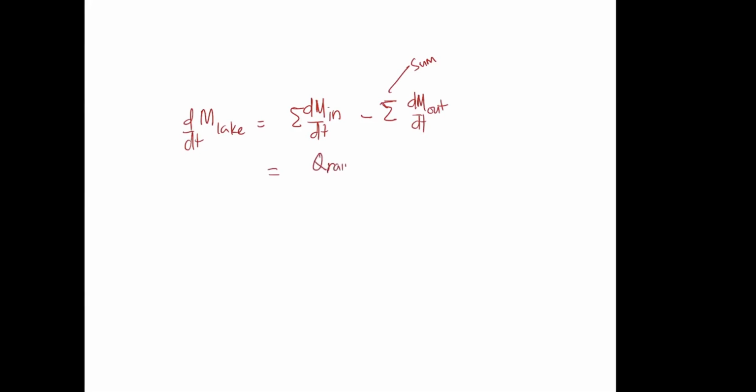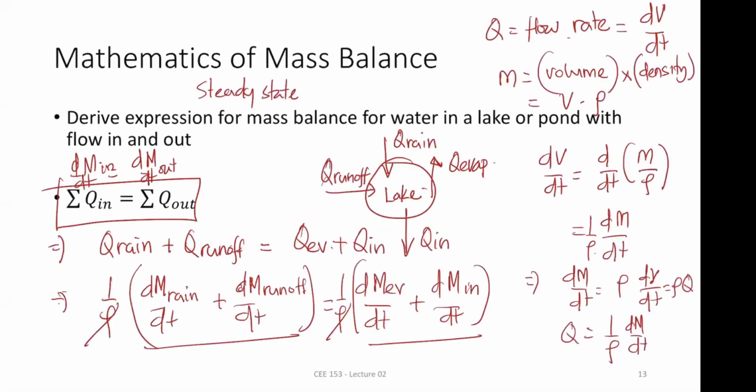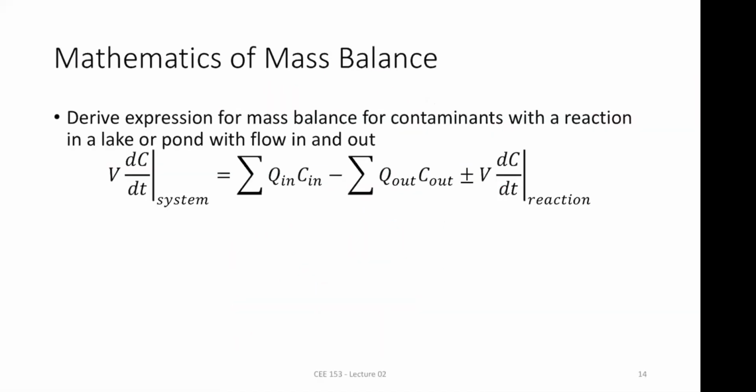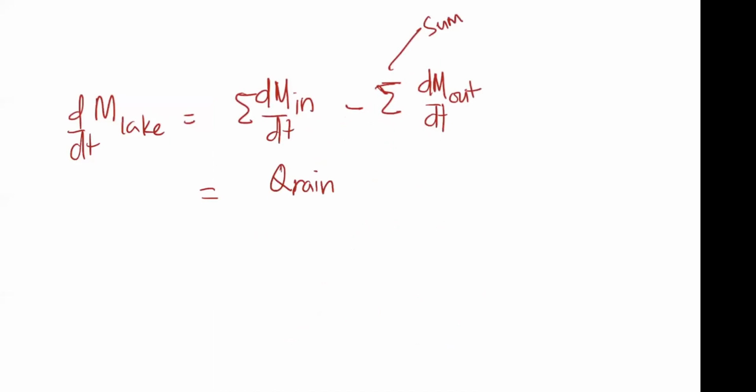Q in. Density cancels out, so that's why I say no. Let's put the density. If I remember what m is, dm by dt equals density times flow rate. So density times flow rate. Let's not write the sum because we already know what the different terms are.